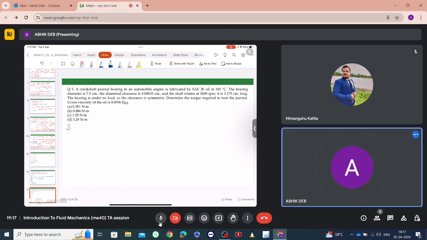Okay, so there is this bearing, and there is one shaft in it which is rotating at omega.